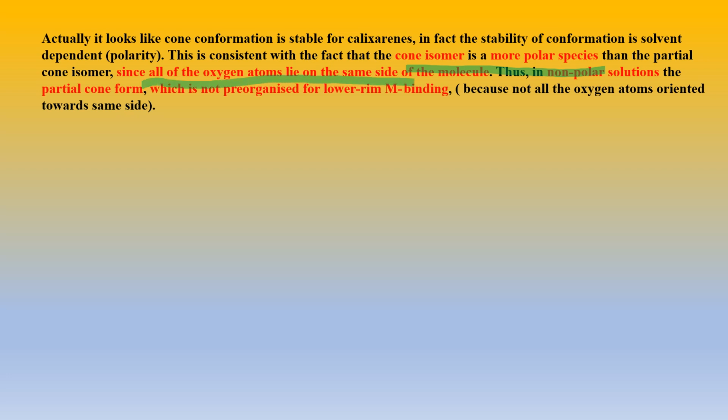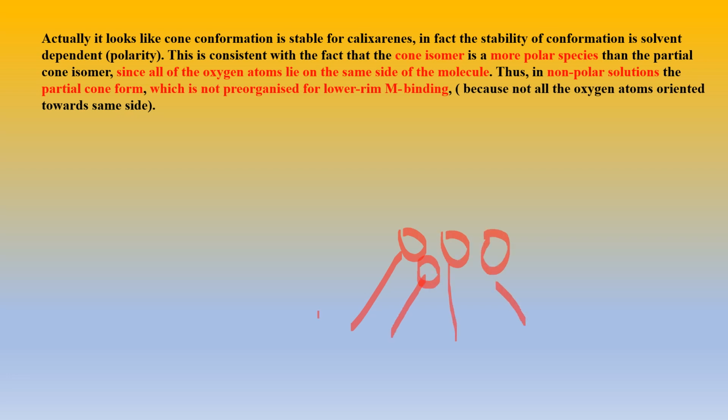In the cone structure, all four oxygen atoms are oriented in one position, either in the upper rim or lower rim, mostly the lower rim. Since oxygen is polar in nature, cone isomers will be more polar.